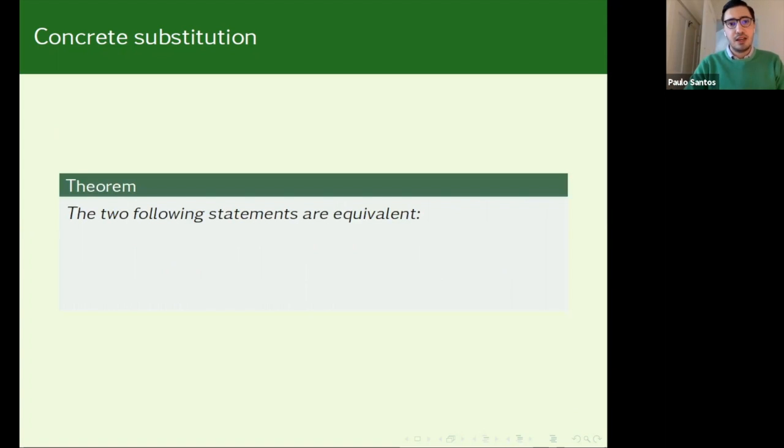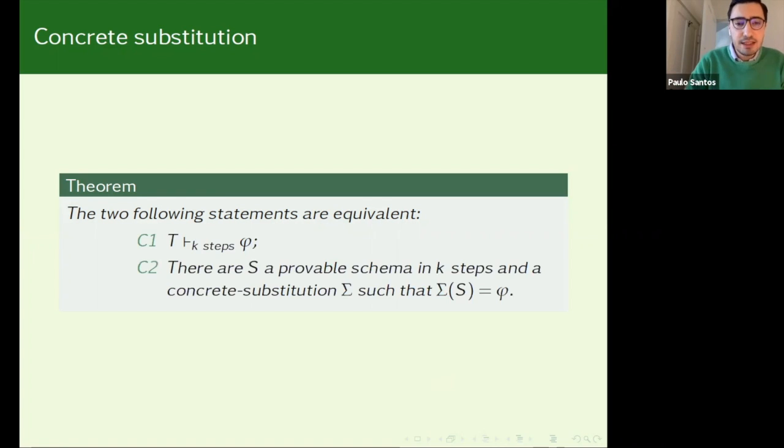Okay? Now, a very important theorem. This is in a sense a soundness theorem to show that our notions are sound. It states that the two following statements are equivalent. The first one is that phi is k-step provable in T. And the second one is that there are a provable schema in k steps and a concrete substitution such that the image of the schema is the formula.